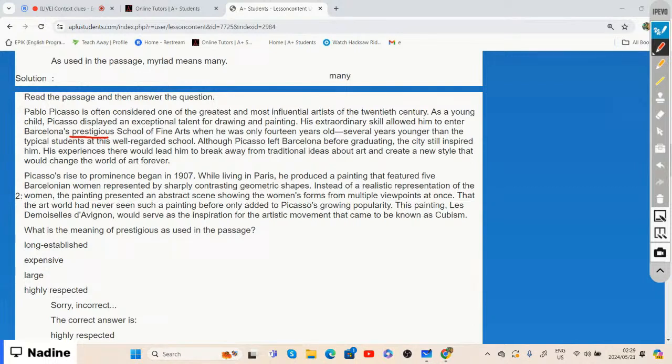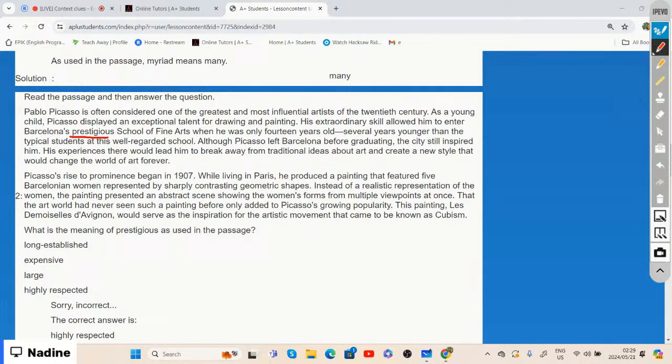While living in Paris, he produced a painting that featured five Barcelonian women represented by sharply contrasting geometric shapes instead of a realistic presentation of the women. The painting presented an abstract scene showing the women from multiple viewpoints at once. That the art world had never seen such a painting before only added to Picasso's growing popularity.